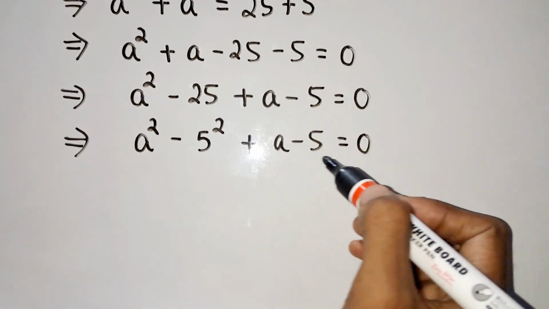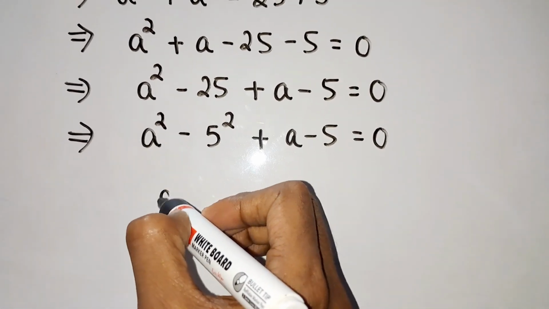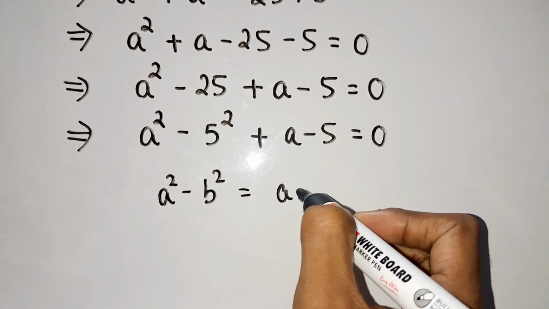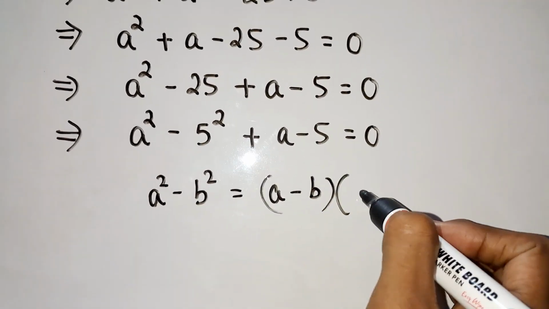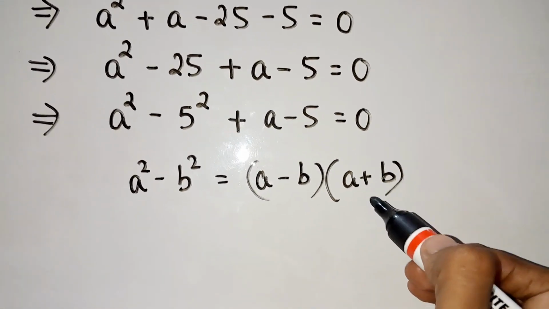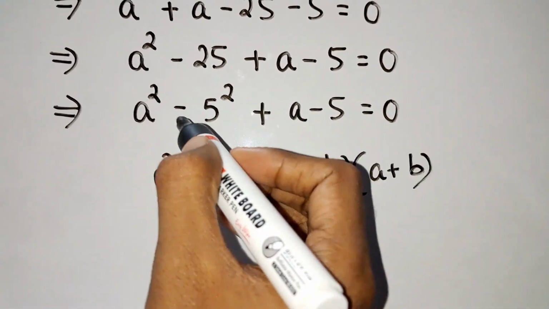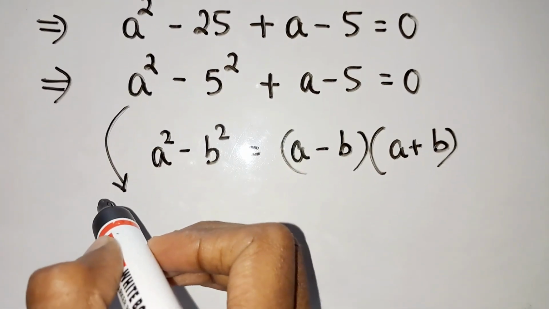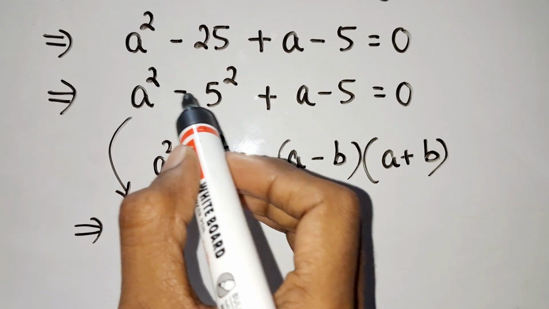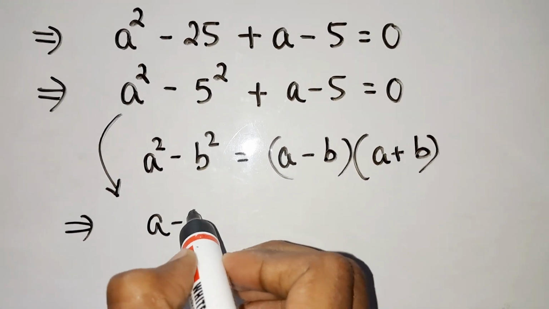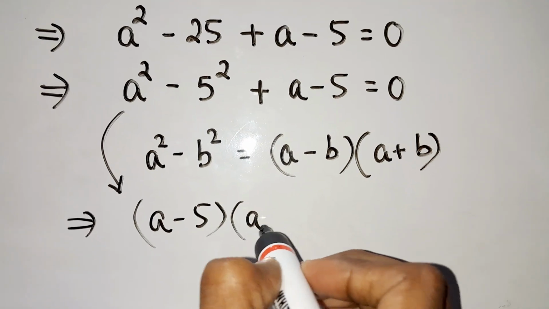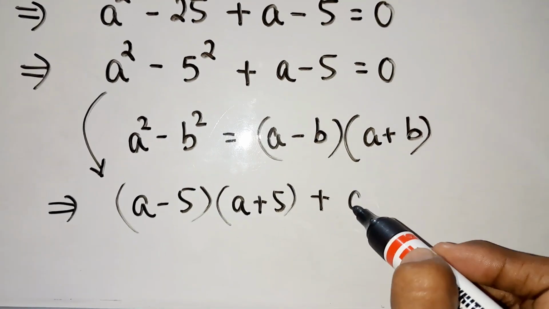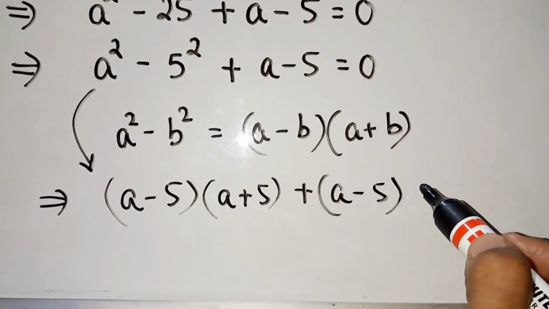Okay, and we know what this is. This is nothing but a square minus b square form, and it is nothing but a minus b multiplied by a plus b. We can just replace this with this. Here b is nothing but 5. So this can be reduced further: a square minus 5 square is a minus 5 multiplied by a plus 5, plus a minus 5 as it is, equals to 0.